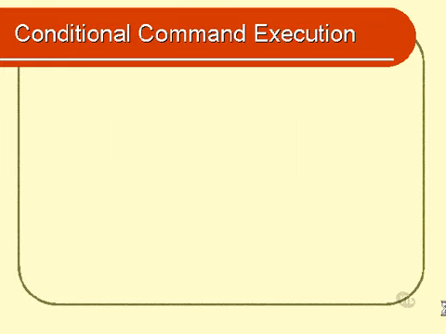Let's have a look at some examples of that. First we have a simple example. Do an ls of a file called file1. Now we use the double ampersand, meaning that the second of those two commands, which is to copy that file into the /temp directory, will only run if the ls returned a no error condition.